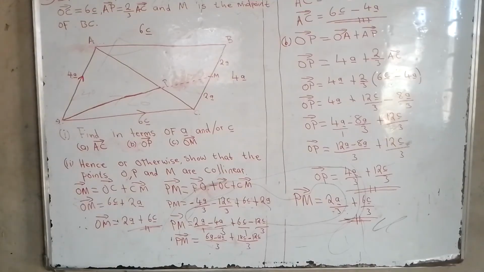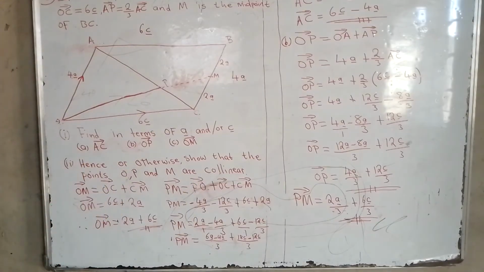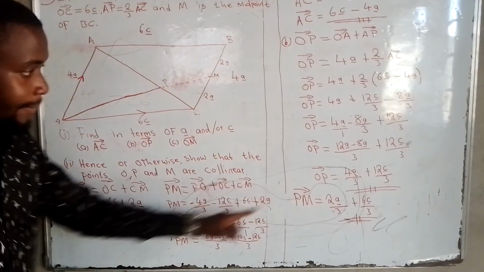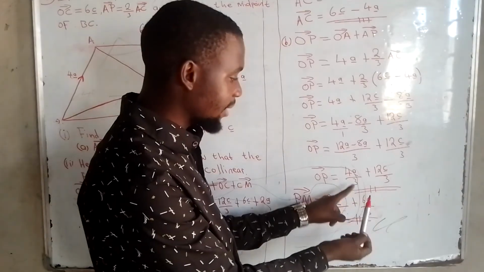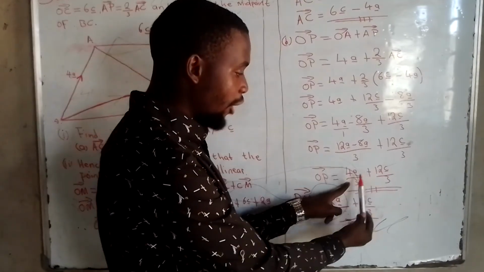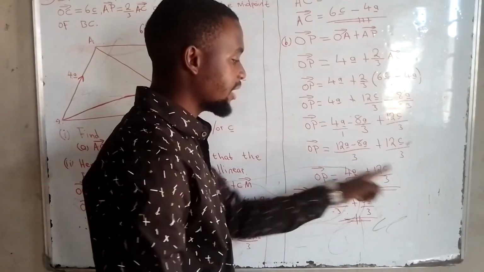So I will conclude that P, O, and M are collinear, because if you observe now, they have something in common. OP has something common. It has A plus C.